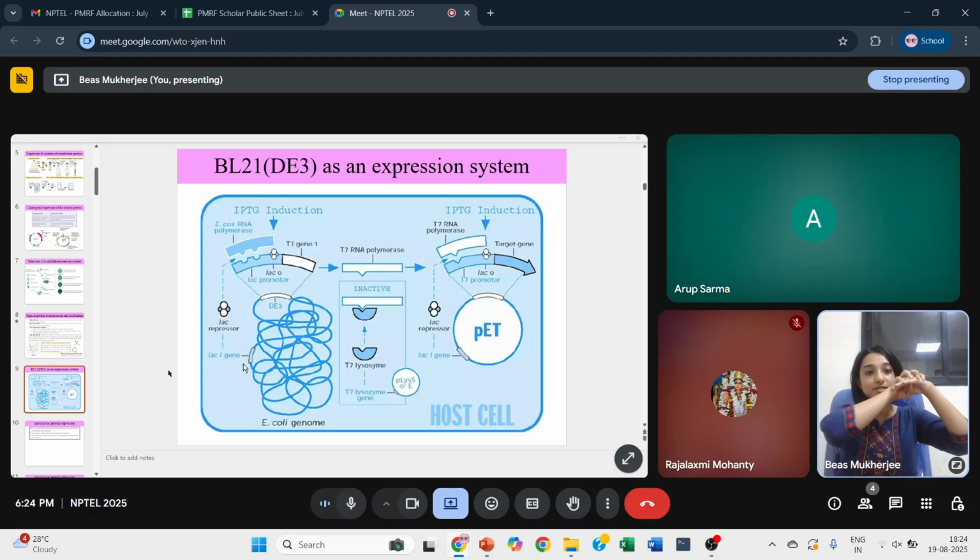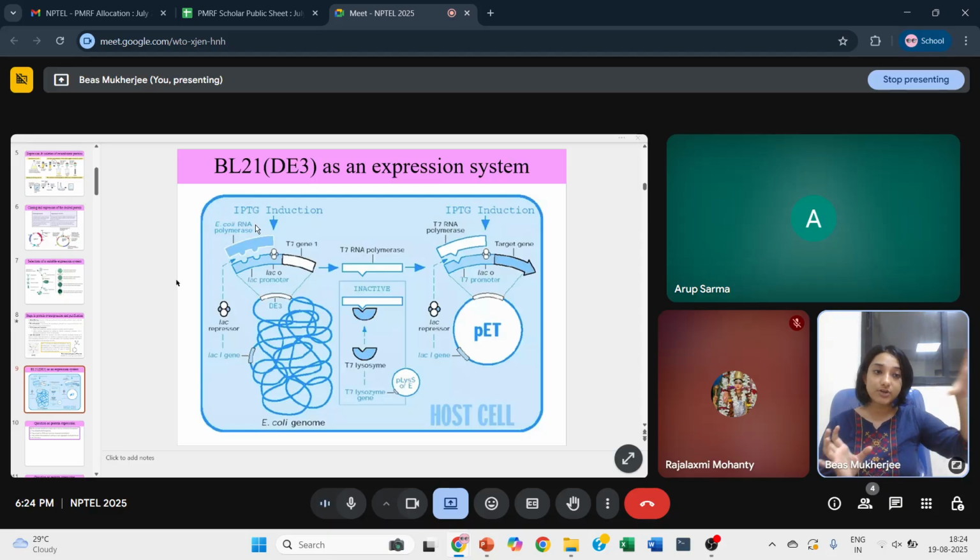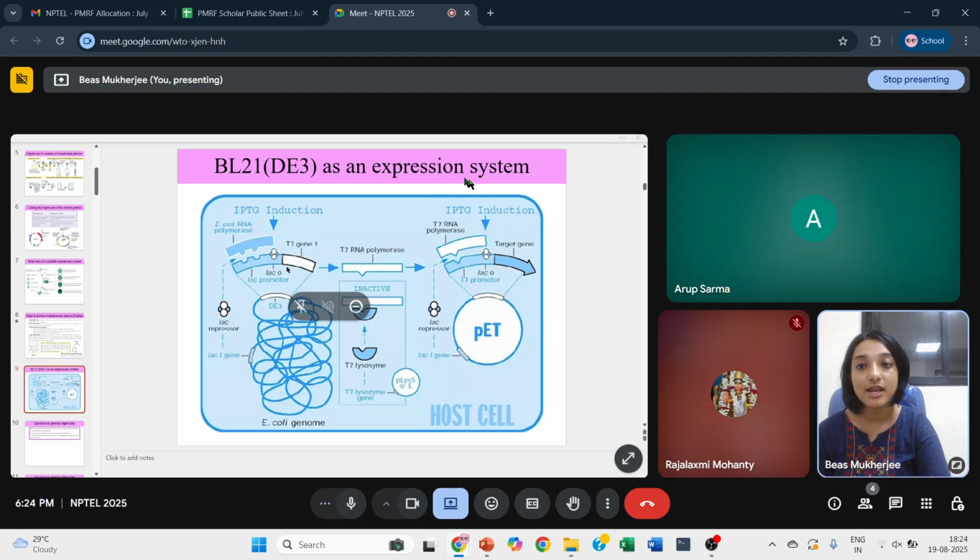So when the operator sequence is blocked, then the E. coli RNA polymerase is not able to come and bind to the promoter. If it is not able to bind to the promoter, then the structural gene is not expressing. That is the gene in front of the lac operon. This is not expressing.